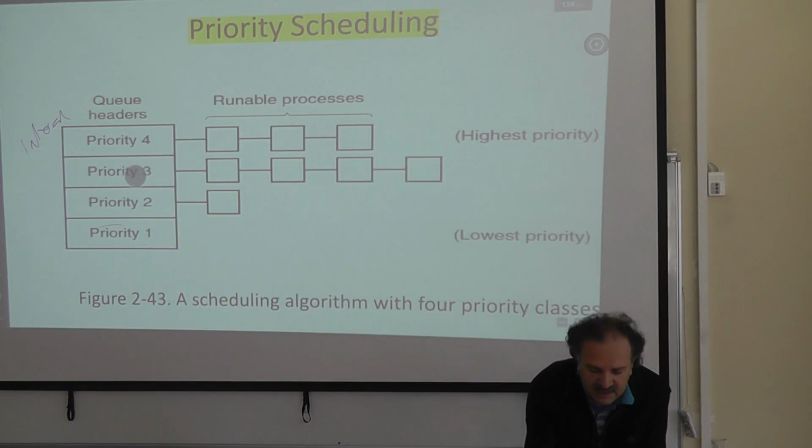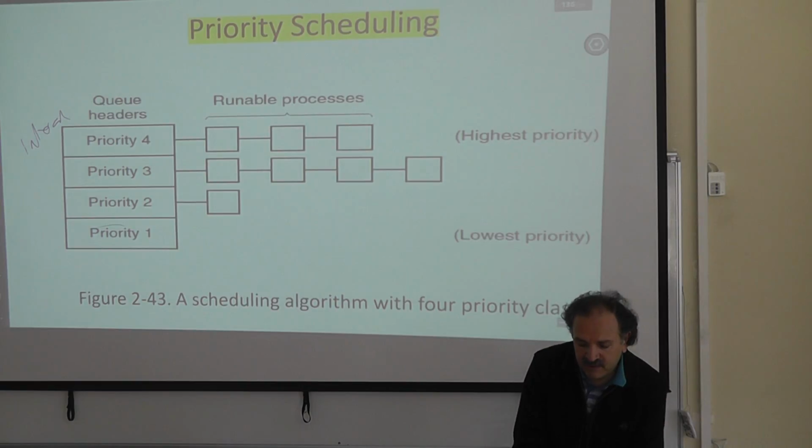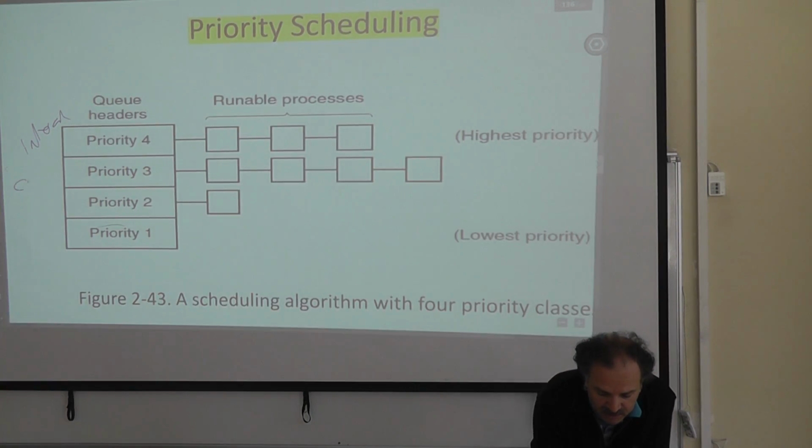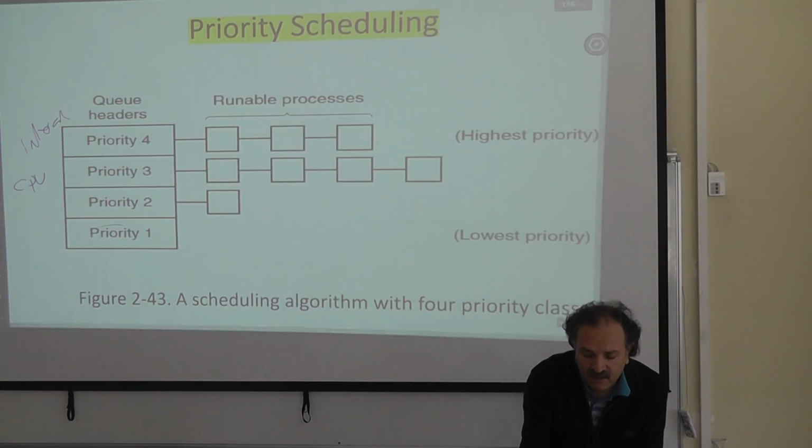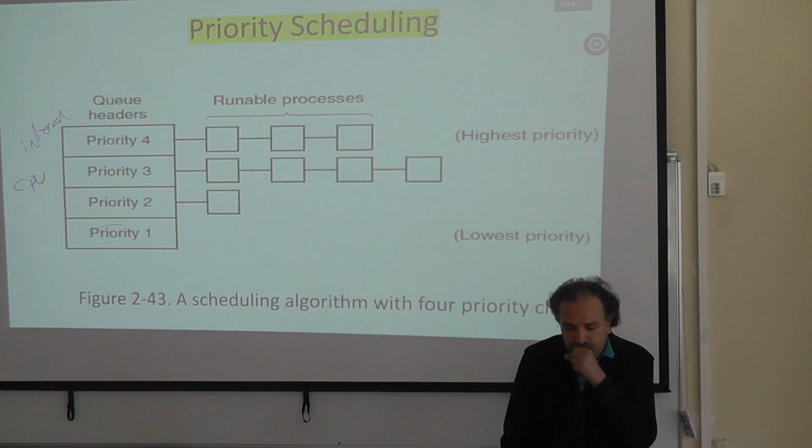But these are the second priority ones. These are lower priority processes, and they are not interactive. They are doing some CPU bound processing. For these, I don't have to keep very small quantum times. Their quantum is larger, so that they don't switch much.